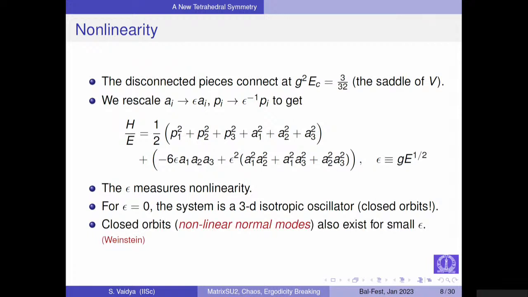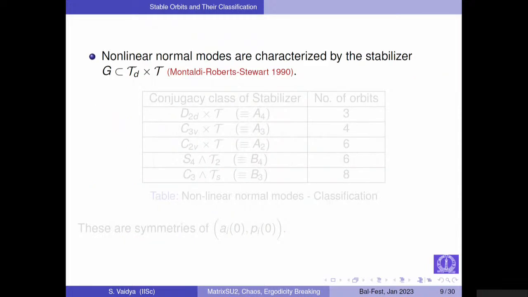Now, a long time ago, the mathematician Weinstein showed that if you have closed orbits, then for small nonlinearity, the closed orbits continue to exist, and these are called nonlinear normal modes. For this particular system, this three-dimensional Henon-Heiles system, mathematicians, especially those who work in dynamical systems theory, have been looking at this problem for a while.